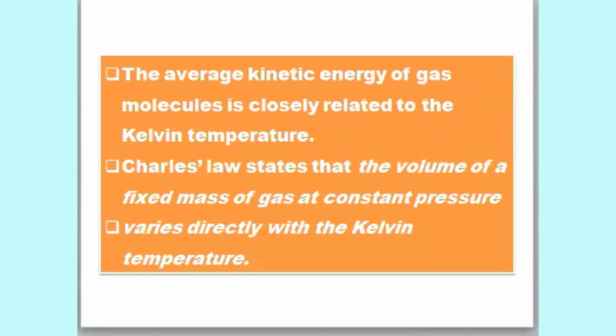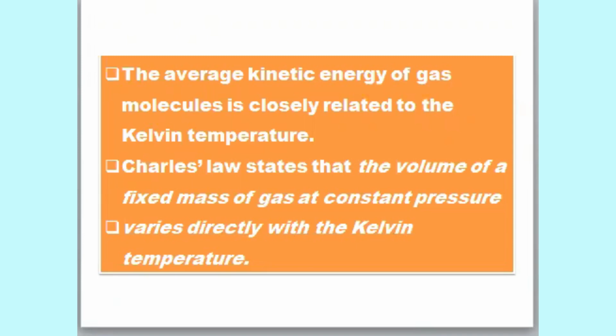The average kinetic energy of a gas molecule is closely related to the Kelvin temperature. A direct relationship between average kinetic energy and the absolute temperature. According to the kinetic molecular theory of gas, the kinetic energy of a gas is directly proportional to the absolute temperature.